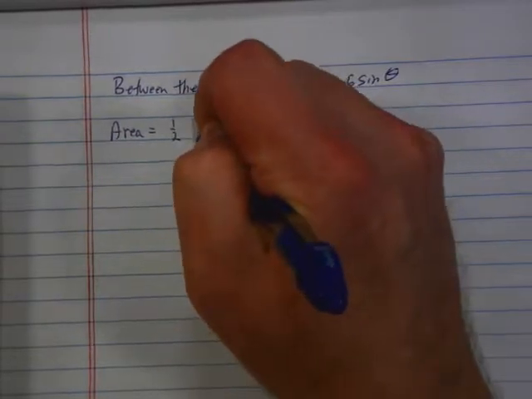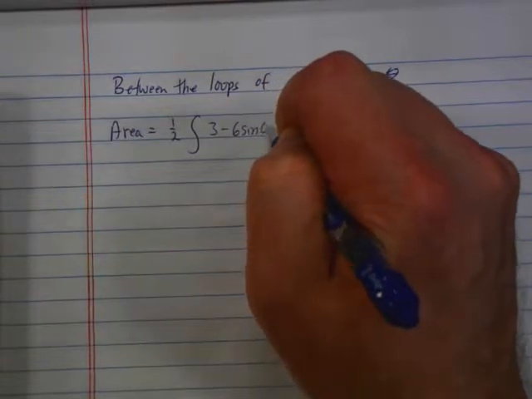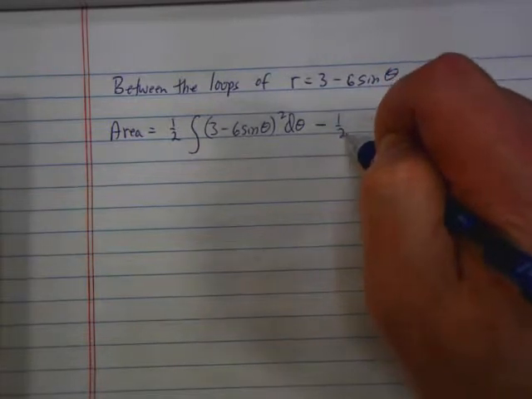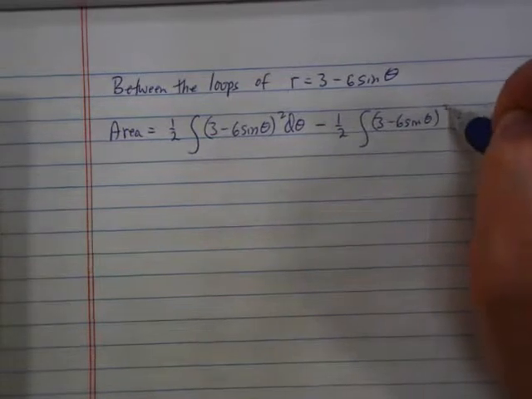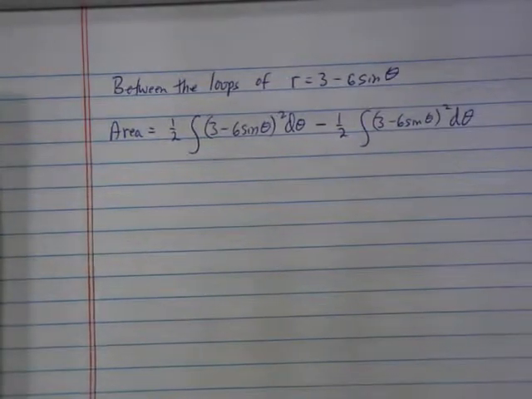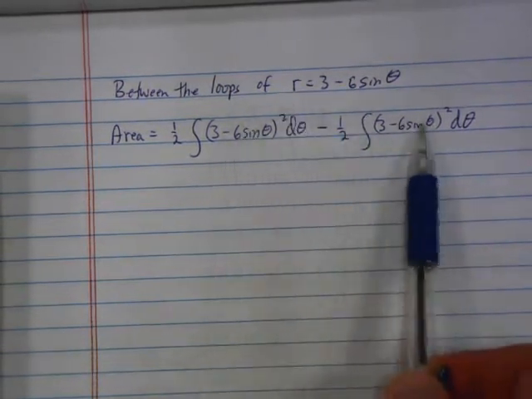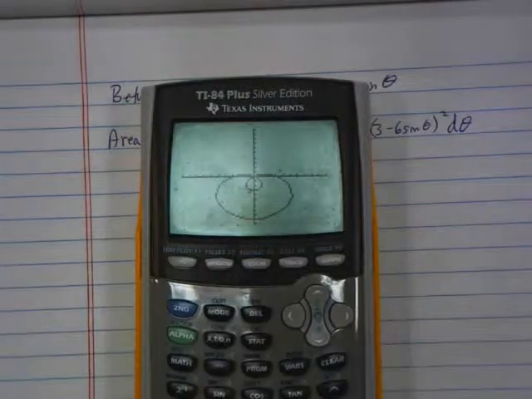All right, so my answer is going to be area is 1/2 the integral of 3 minus 6 sine theta all squared d theta minus 1/2 the integral of 3 minus 6 sine theta squared d theta, which is kind of interesting because for the big loop and the small loop you use exactly the same functions. So what's going to make a difference? How are we going to get the big loop and the small loop? The bounds. Okay.